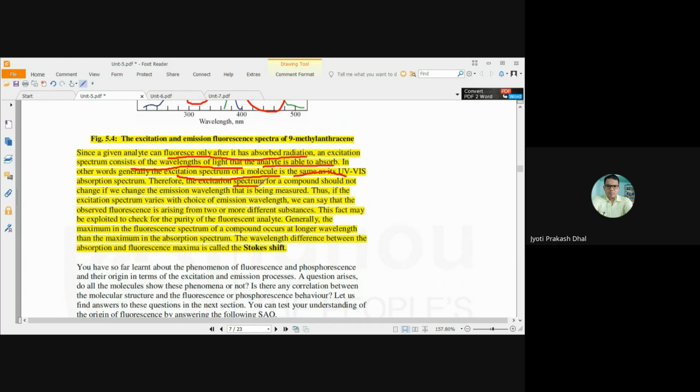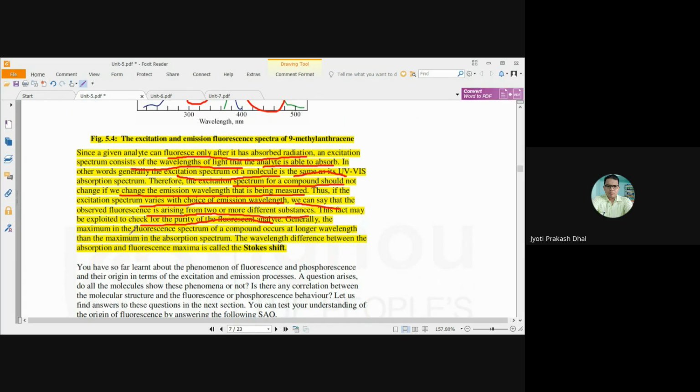Therefore, the excitation spectrum of a compound should not change if you change the emission wavelength that is being measured. Thus if the excitation spectrum varies with the choice of emission wavelength, we can say that the observed fluorescence is arising from two or more different substances. This fact may be exploited to check the purity of the fluorescent analyte.